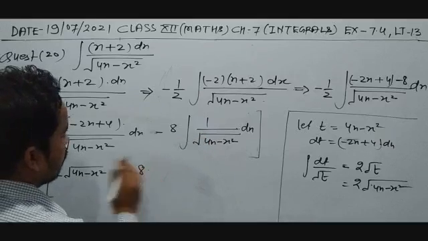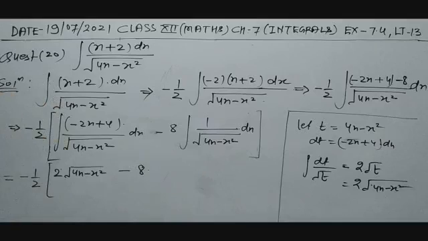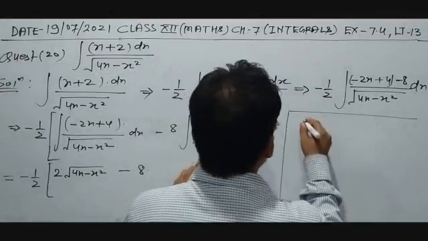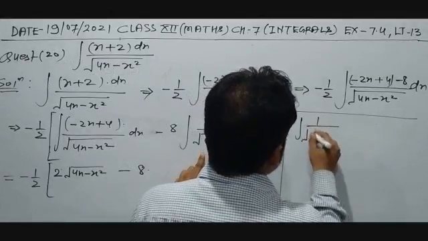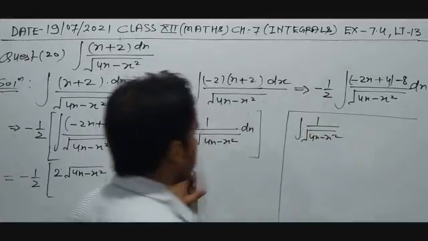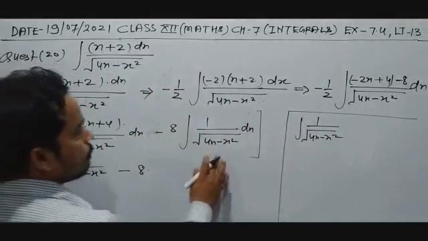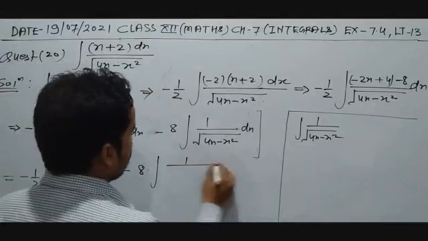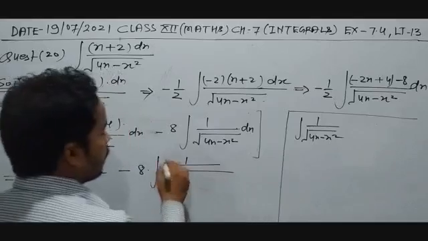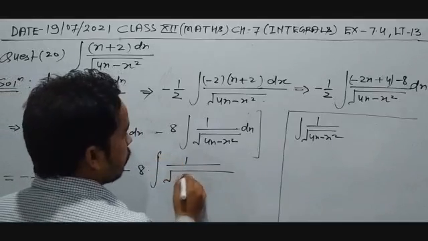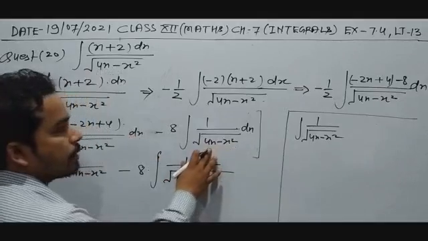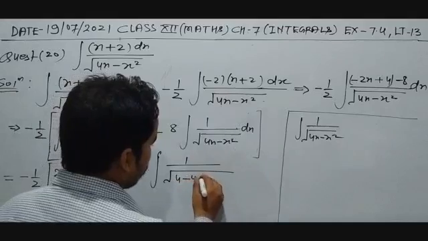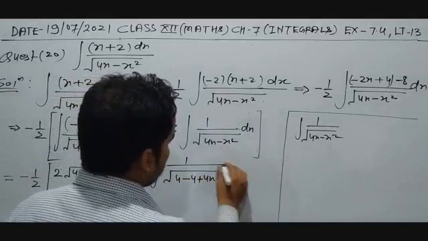Now minus 8, suppose we are going to solve this integral part. To solve this type of integral, 1 upon root over 4x minus x square, you have to apply the complete square method. So minus 8 integration of 1 upon root over 4x minus x square. Half of the coefficient of x is 2, and 2 square is 4, so plus 4 minus 4 plus 4x minus x square dx.